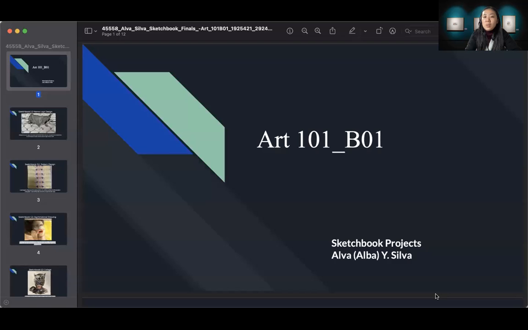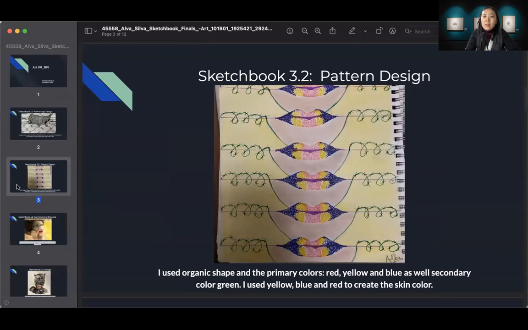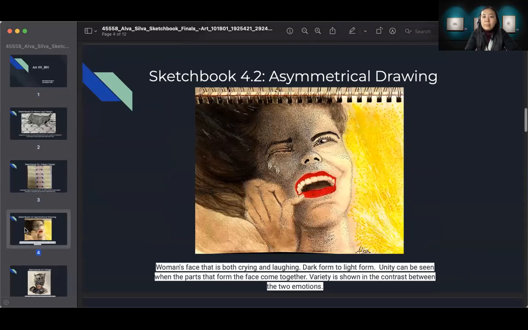So this is one of my previous students' final sketchbook submission file. So like this. This is going to be our first project, name logo design, like this.